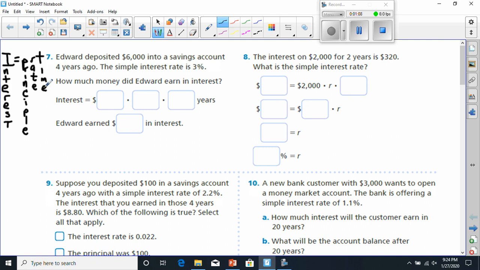And if you can remember that I is pretty, then you will be able to remember interest equals principal times rate times time. Let's go ahead and go through this.